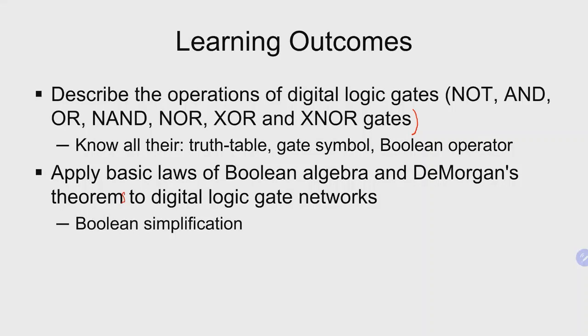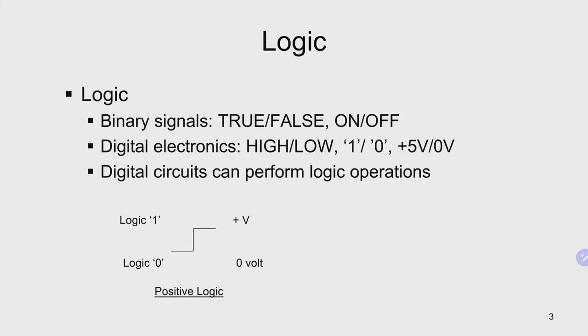What that means is you need to know how to do Boolean simplifications. So you're given a Boolean expression or a large logic circuit, and you need to know how to simplify it. Okay, so that is the requirement that you need to be able to grasp from this topic.